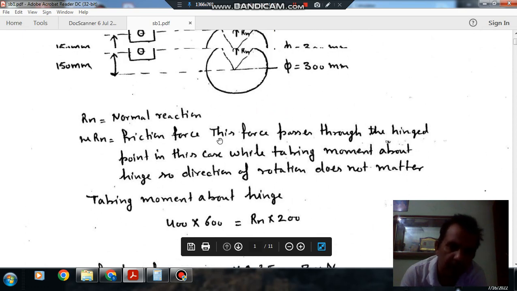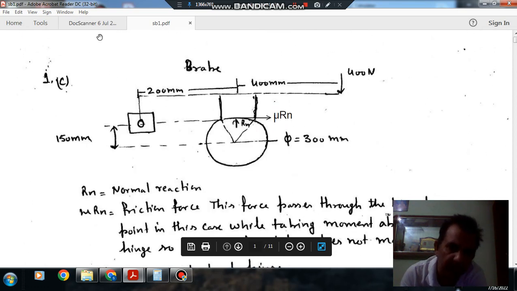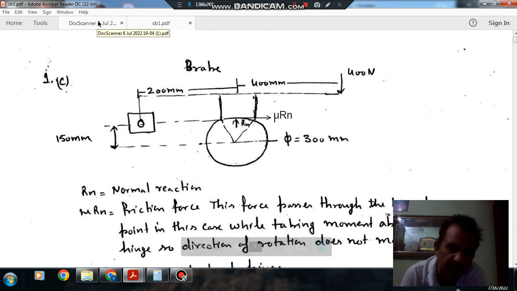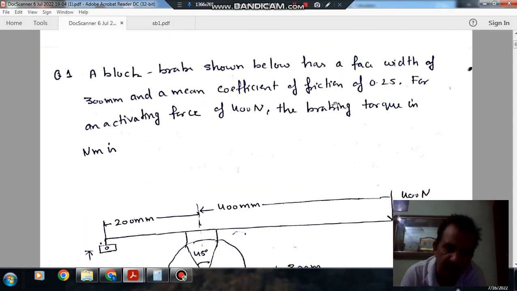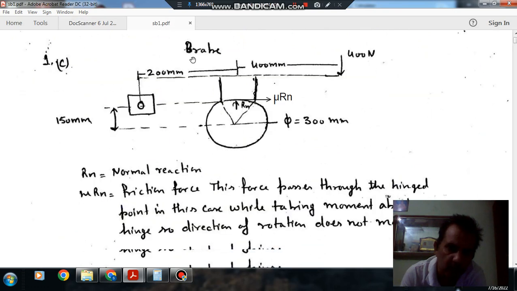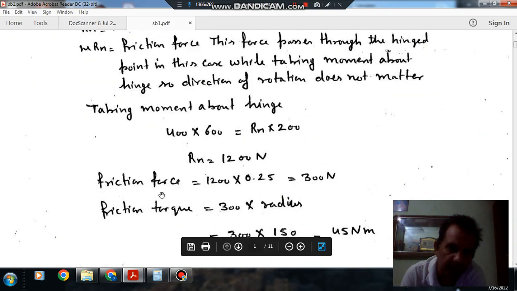So Rn is 1200 Newton, and the force of friction is given by mu Rn, with coefficient of friction 0.25. So the friction force is 1200 into 0.25, that is 300 Newton.